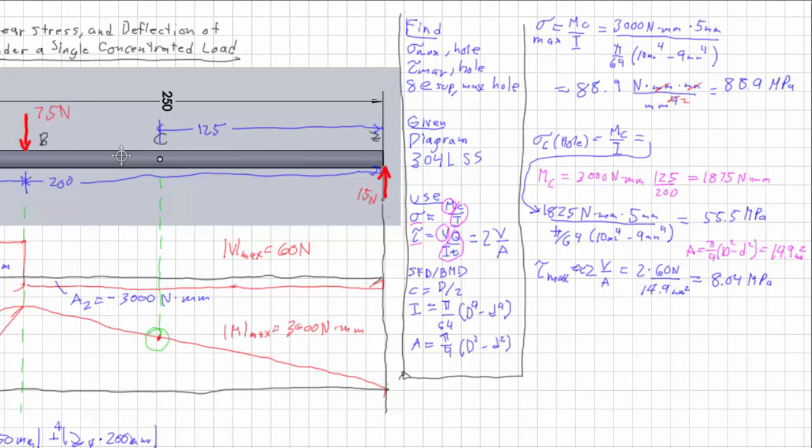Okay, now we're going to find the same thing at the hole, or point C as it's noted. And again, it's approximately 2V over A. This was V max, whereas this is going to be V at the hole.